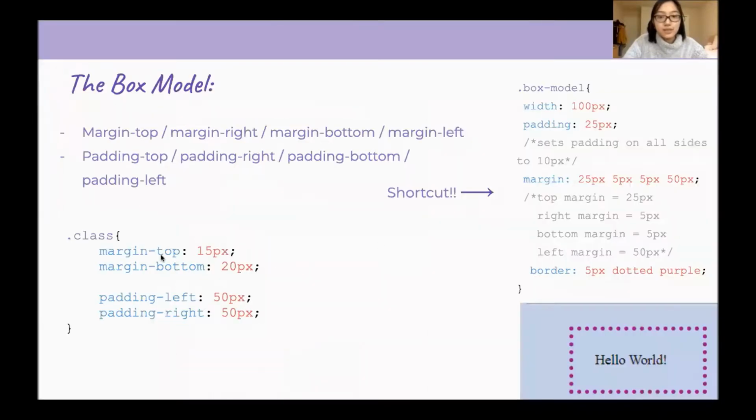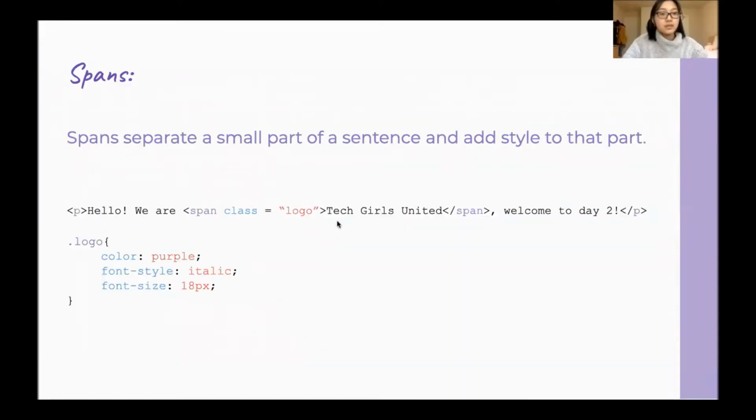Okay, so we're gonna go back to our slides here. So spans. Spans can separate a small part of your sentence or your element, and they can add style to it. So let's say you wanted to style something inside your paragraph. Well, you can use a span for that.